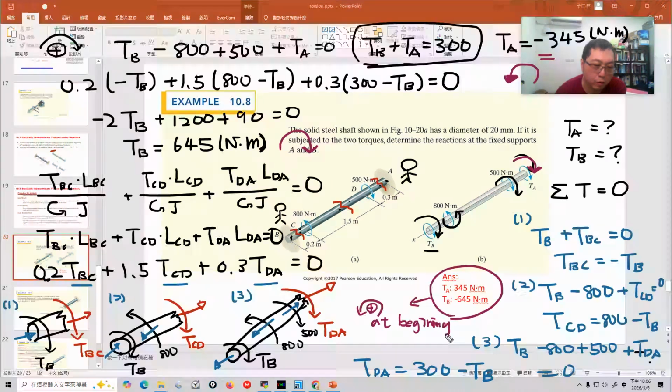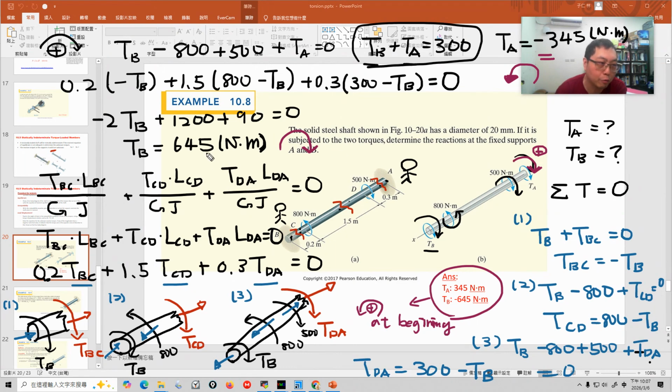At the beginning of this calculation, this answer assumed this direction is positive, but don't forget, in this video we assume this direction is positive.